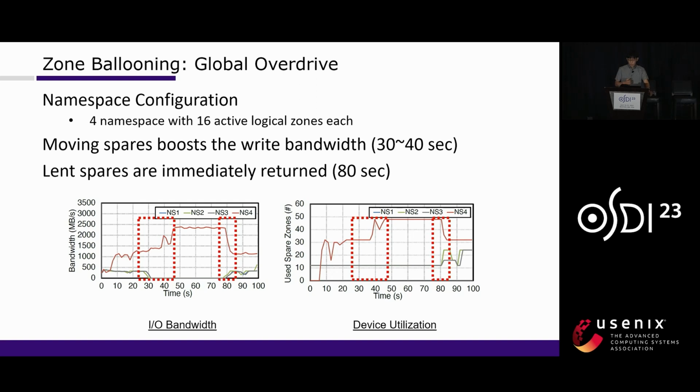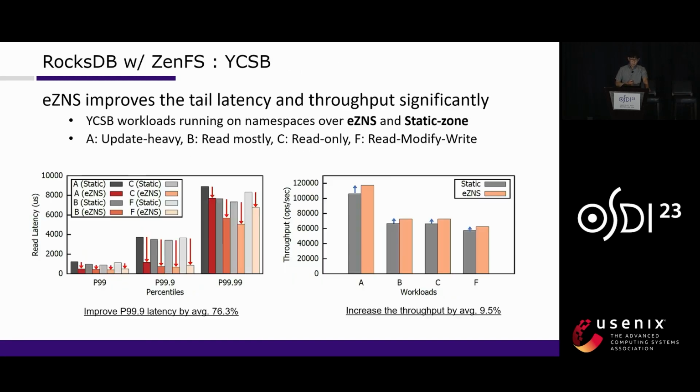When 3 namespaces stop writing at 30 seconds, eZNS moves unused spares from them to namespace 4 and boosts the write bandwidth. Once other namespaces come back, the spares are immediately returned. These results demonstrate that eZNS dynamically redistributes active resources in an adaptive manner.